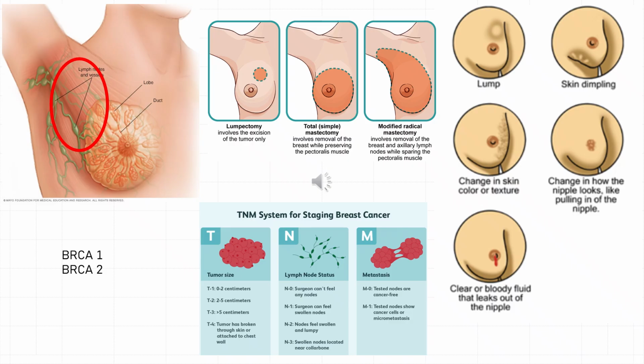When we look at staging breast cancer, because cancer is a specialty, we won't go too far in depth, but they do use the TNM system for breast cancer staging. So T stands for tumor size. So you'll see there different levels of stages based on how big the tumor is or that lump is. N stands for lymph node involvement.